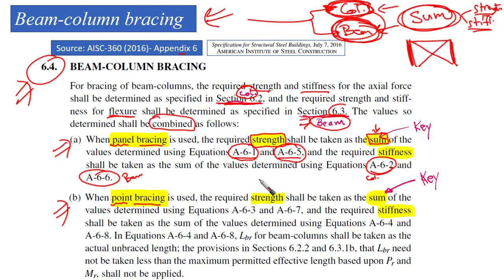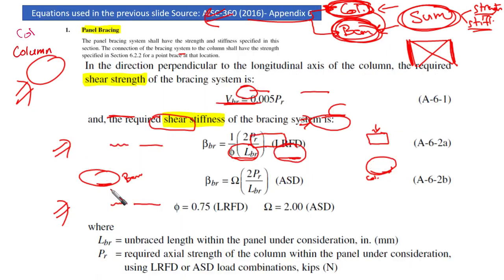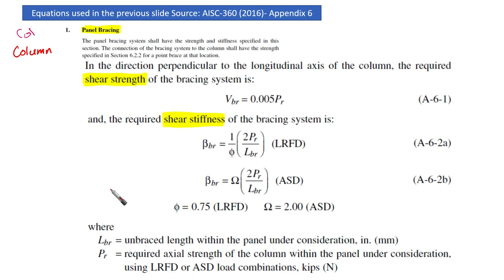Let's go and see these equations, which for short, let's call 6-1 and 6-5. These are for strength, and 6-2 and 6-6 are for stiffness. Let's go here. This is 6-1, A6-1. You are going to find this under the section related to column. Under panel bracing, we're going to find some readings, and the appendix is talking about the column.